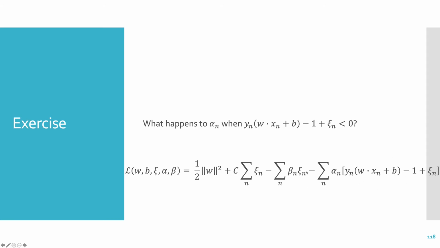So then we'll have a positive value here because of this minus, and this will tend towards infinity. So basically all we're saying is if our original constraints are met, then alpha and beta will tend towards 0. But if they're not met, then they'll tend towards infinity. So as long as our original constraints are met, alpha and beta won't do anything to harm the solution. It's only ensuring that the constraints are met. Otherwise, they blow up to infinity.